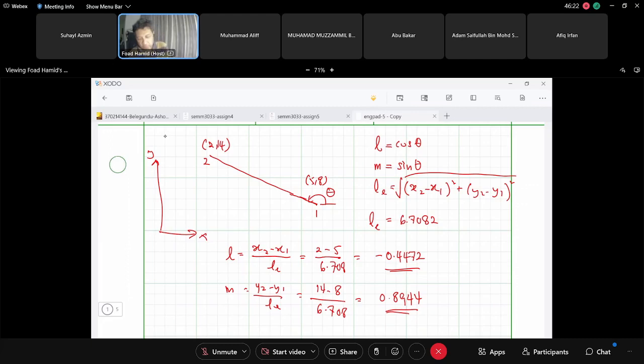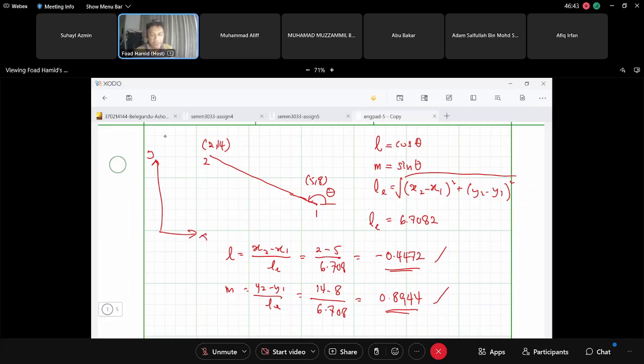We know that in quadrant 2, cosine is a negative value, which is okay. And in quadrant 2, sine is positive, which is, again, at least we know that we get not the numerical answer, but at least the positive sign and negative sign correct.